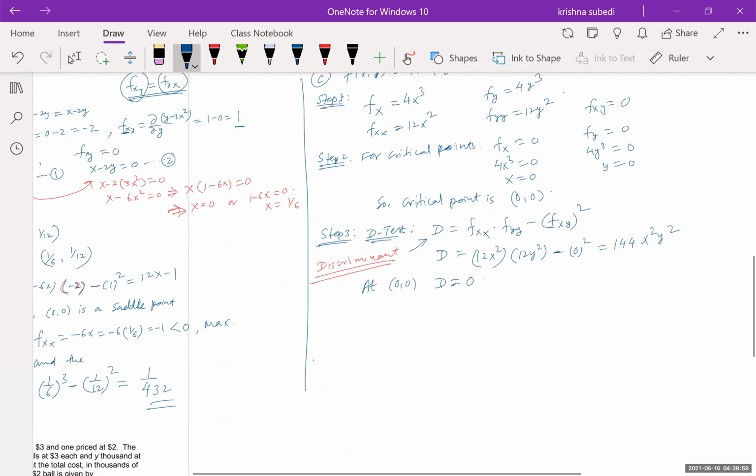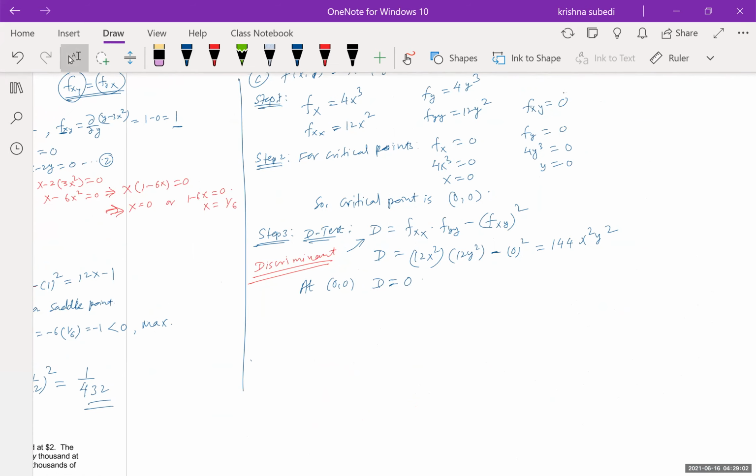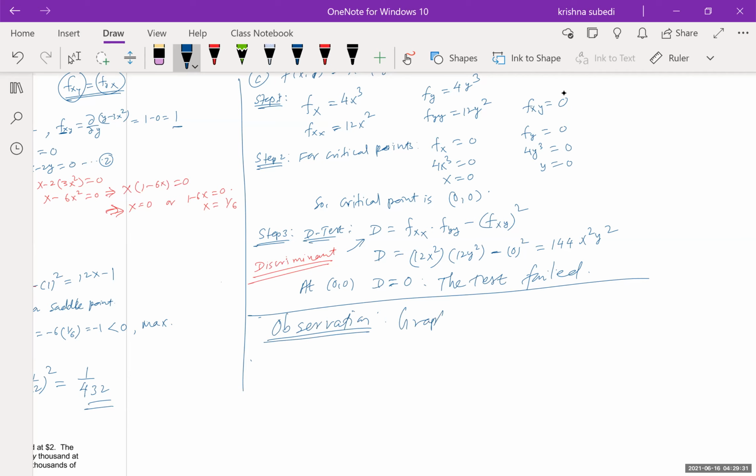Another method to check whether we have a minimum or maximum is to draw the graph. Let us draw the graph. The test failed. Now, let us look at the graph.